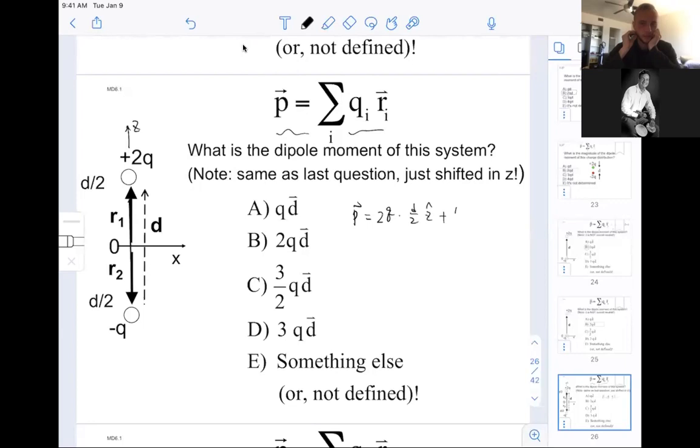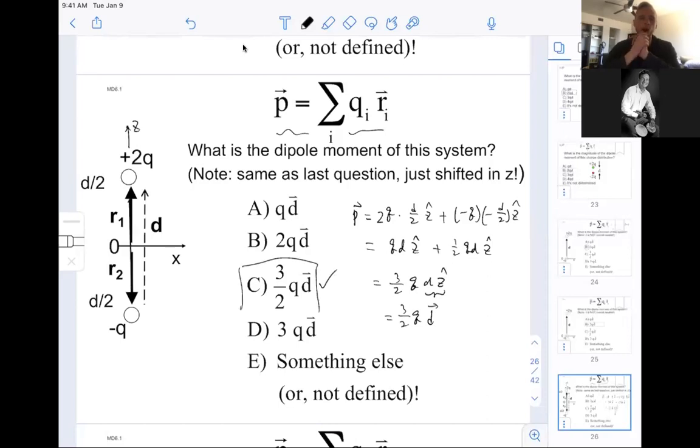Plus the other charge is negative q, located at negative d/2 z hat. So the first term becomes qd z hat. The second term becomes positive 1/2 qd z hat. So it becomes 3/2 qd z hat, and that is the d vector you have just defined, pointing from your negative charge to the positive charge. So it's going to be 3/2 qd. So the C answer is correct.